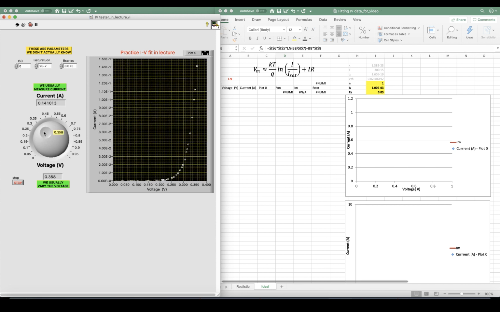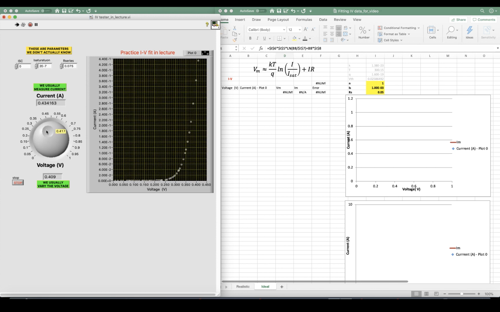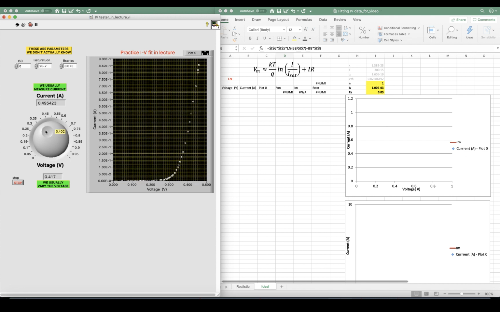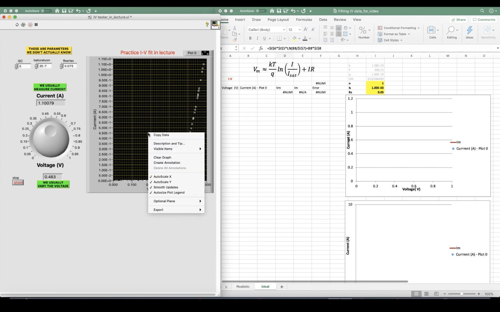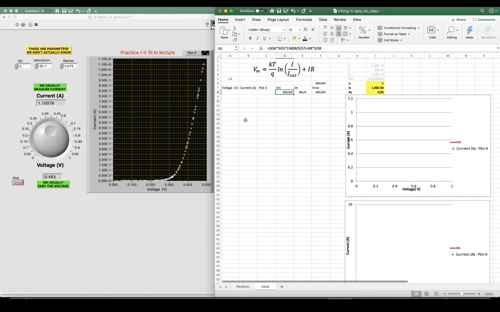And just like you've done in the lab, you'll probably sweep back and forth to get more and more data, and it's up to you how often you would do this in the lab to get the best possible quality of measurement. Once you're happy with this, you would grab your data and maybe put it onto Excel.